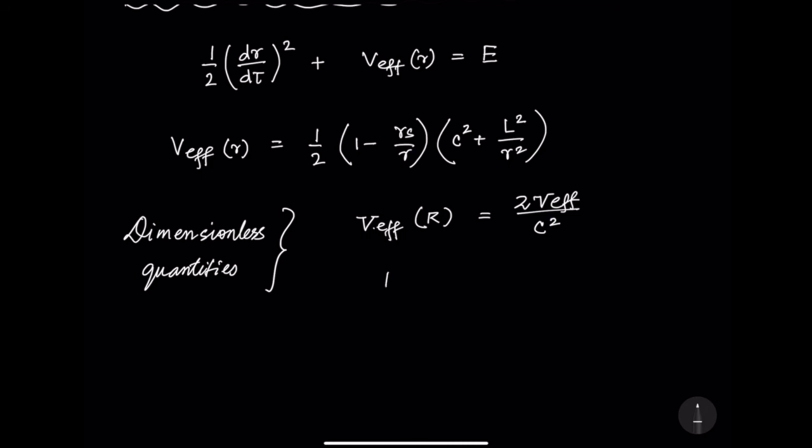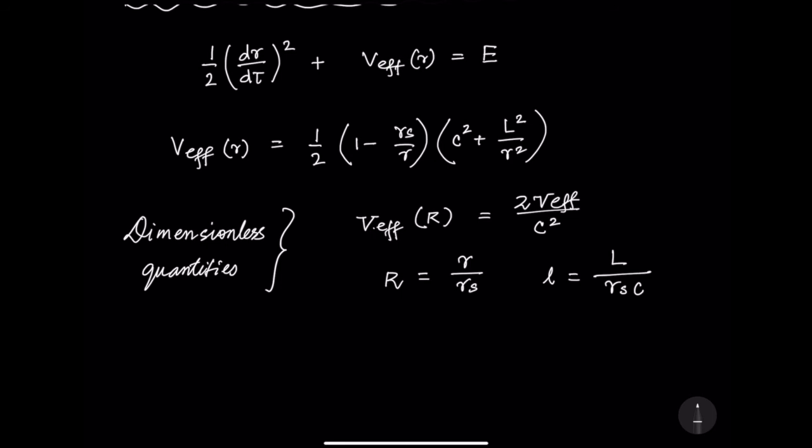We define capital R to be obviously r by Rs, and we define small l to be capital L by Rs times c. You see, small l has the moment of the velocity. So moment of the velocity is length times c. So small l is also dimensionless.